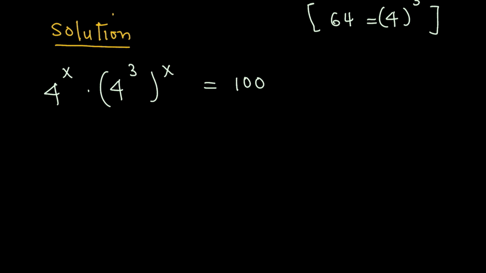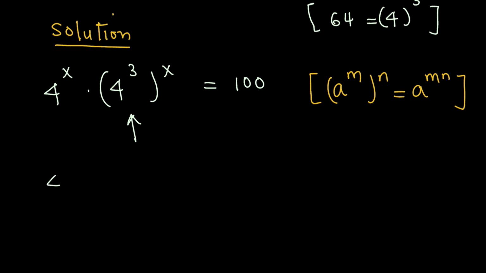Using simple laws of indices, starting with one such as this, a raised to power m raised to power n, in indices this can be expressed as a raised to power mn. So that will help us to simplify this. We have 4 raised to power x times 4 raised to power 3x is equal to 100.